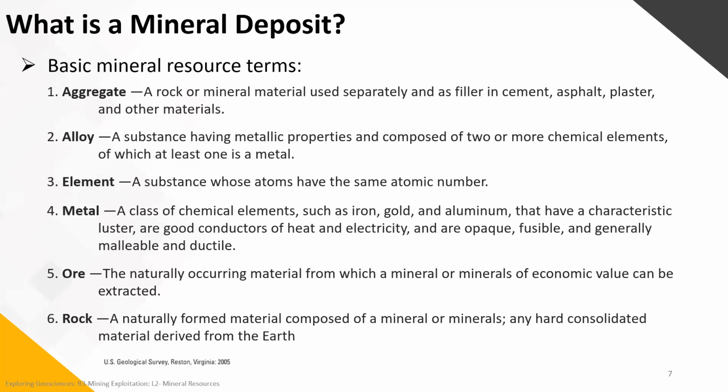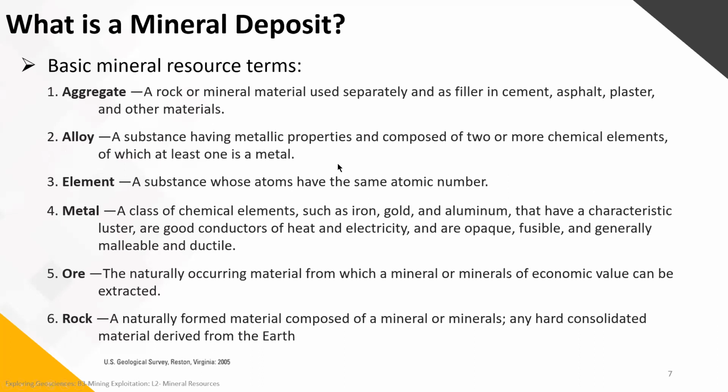Basic mineral resource terms that are practical to know. We've covered most of them within the previous lessons. So the last 2 that I think we should go over are the aggregates, which is a rock or mineral material used separately as a filler in cement, asphalt, plaster, and other materials. And basically the alloys.